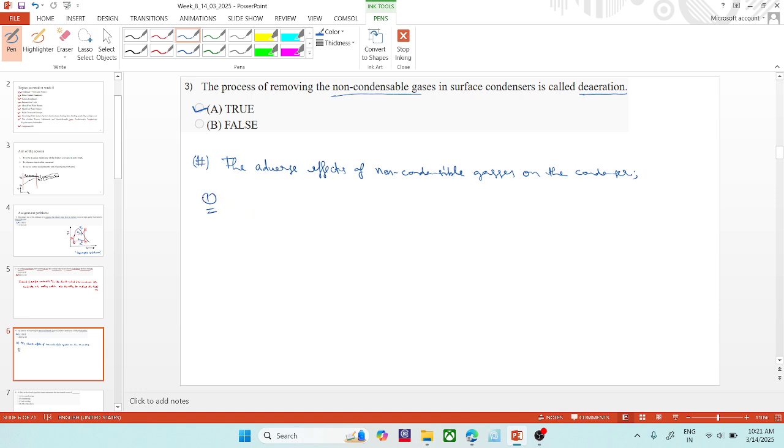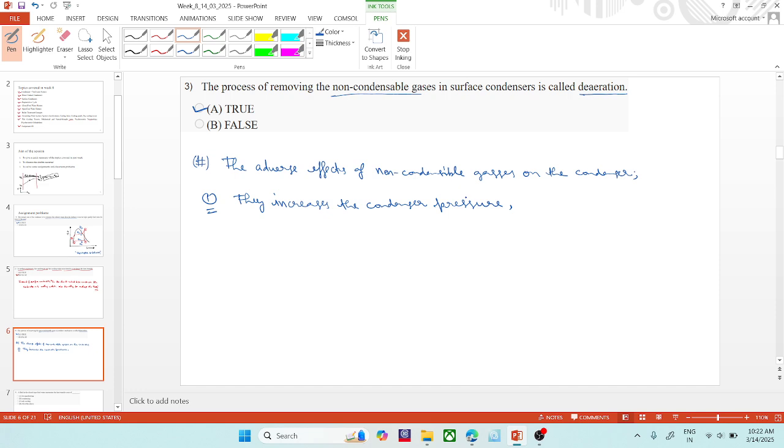The first one is they increase the condenser pressure, which is not desired because for the maximum power generation, we need to keep the condenser pressure as low as possible.